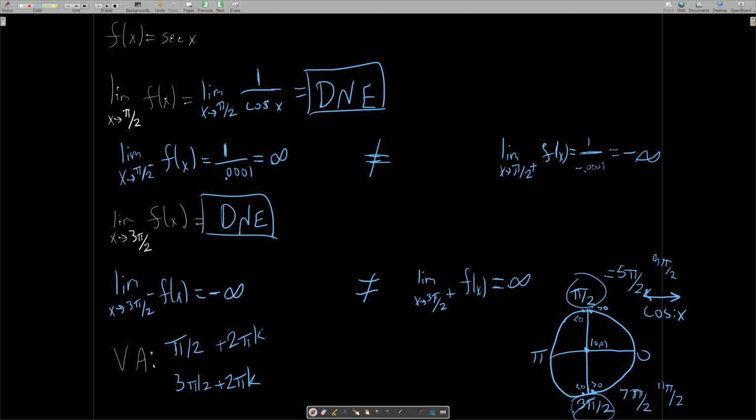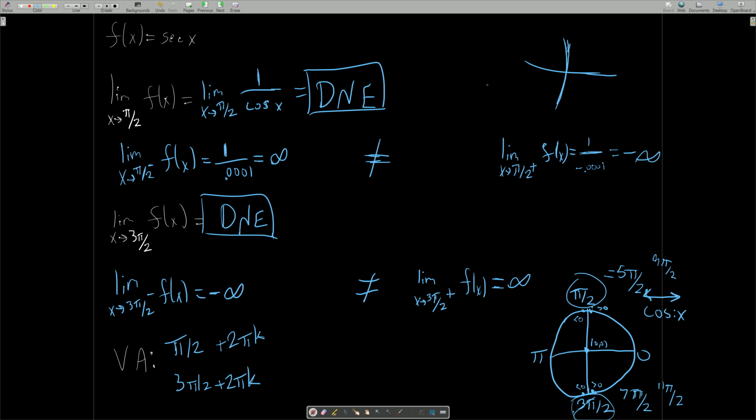You can add 2 pi and you'll still get the same thing, and that's why it doesn't really matter what k is. K is just some random integer. The reason this is important to add this k is because the function keeps going forever. It has an infinite amount of vertical asymptotes.